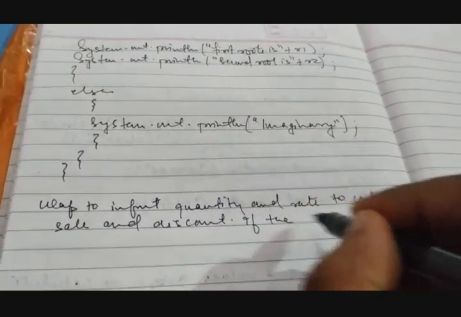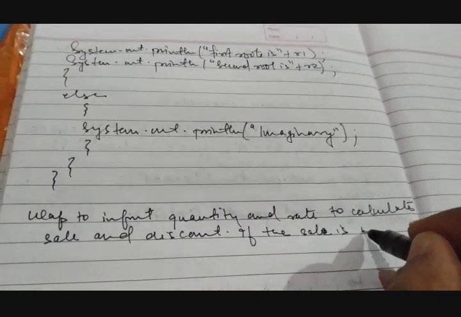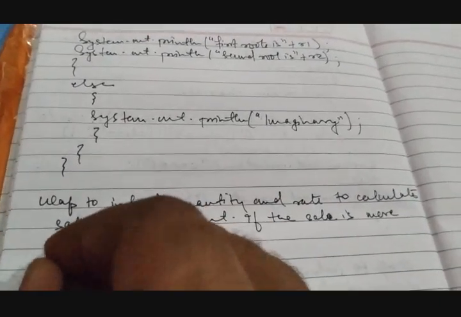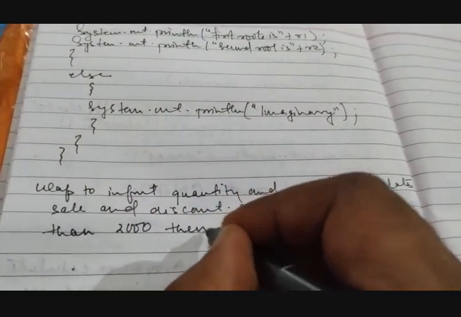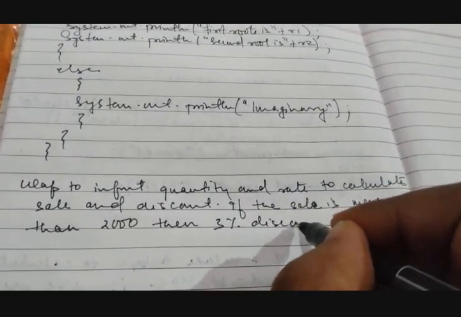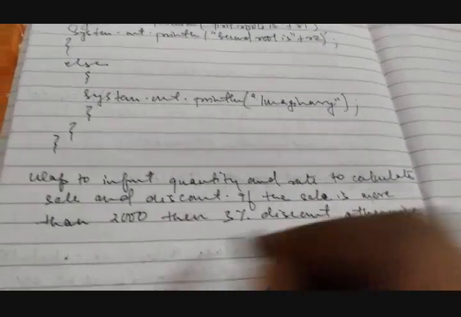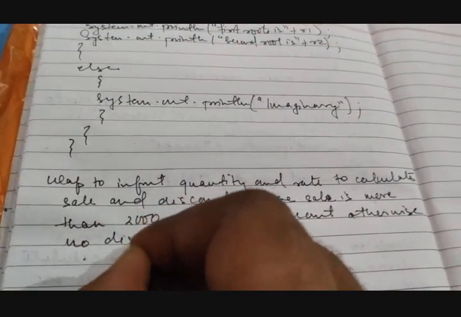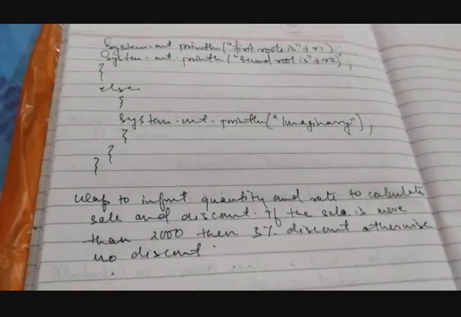If the sale is more than 2000, then 3% discount, otherwise no discount. Otherwise no discount should be given to it.